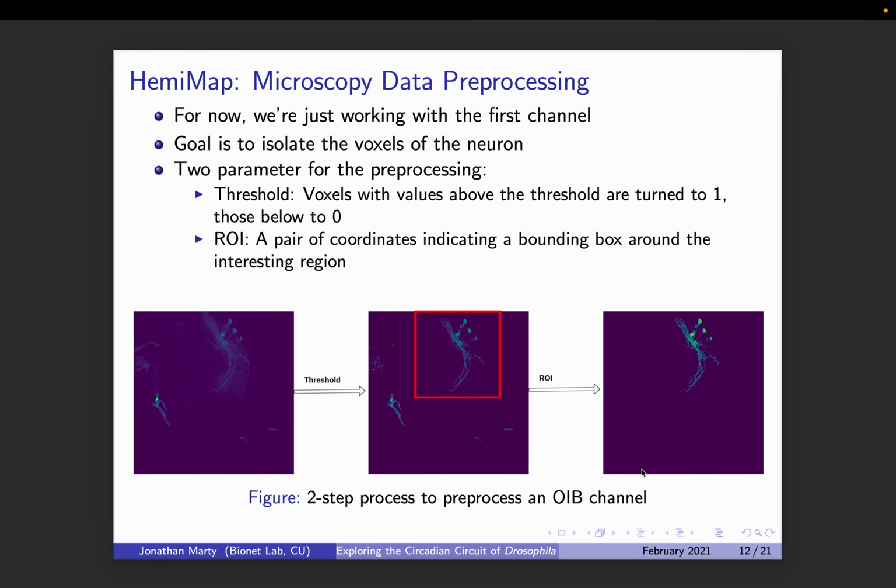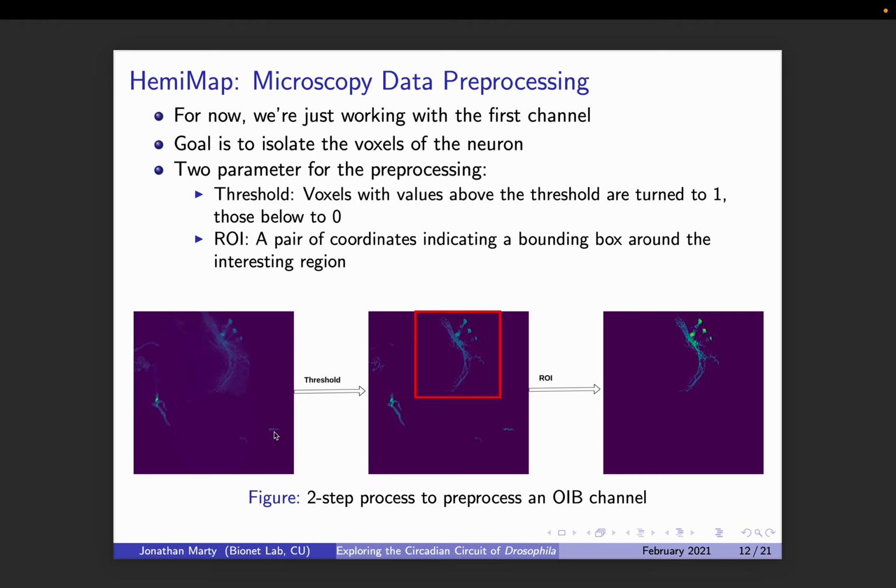The first thing to understand about this process is how the microscopy data is pre-processed. Our goal here is to isolate the voxels that actually contain the neuron, because there is some noise. This microscopy image doesn't actually indicate where the neuron is, it just has microscopy readings. So first, we set a threshold where voxels above that threshold are set to 1, and those below are set to 0.